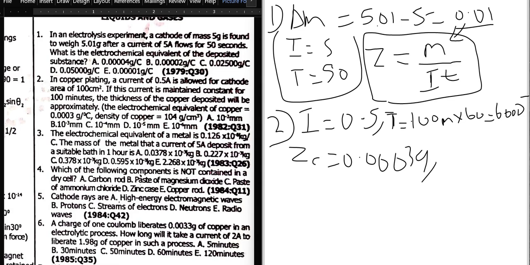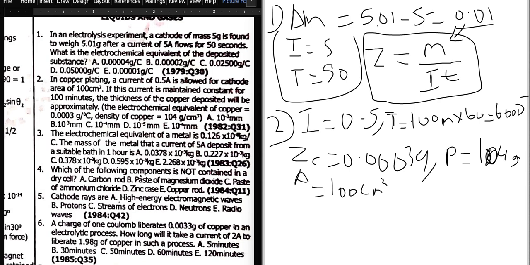Then the next one we are supposed to take is our density, rho. Density is 10.4 g per cm cubed. Then finally area. Area is 100 cm squared.